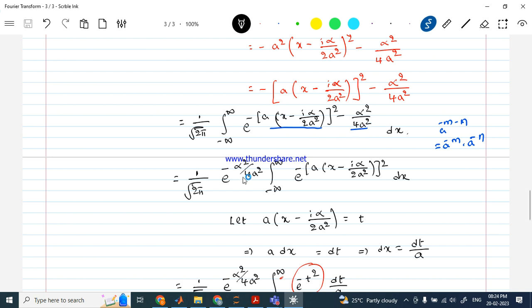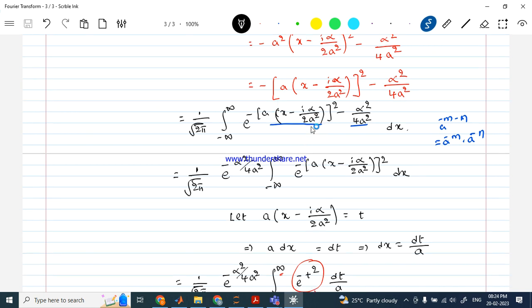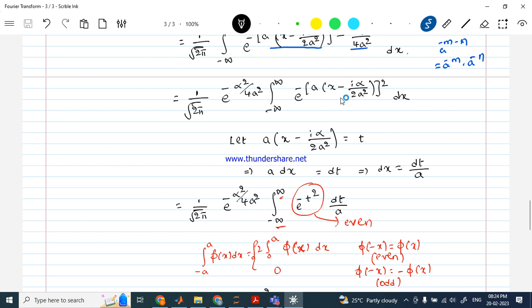We can keep it outside the integral sign. Now integrate this expression. Sorry, we are not integrating this one. Instead, we are going for substitution for this. What is the substitution we have taken? We called this expression t, so that this becomes e power minus t square for me. With this substitution, dx became dt by a.